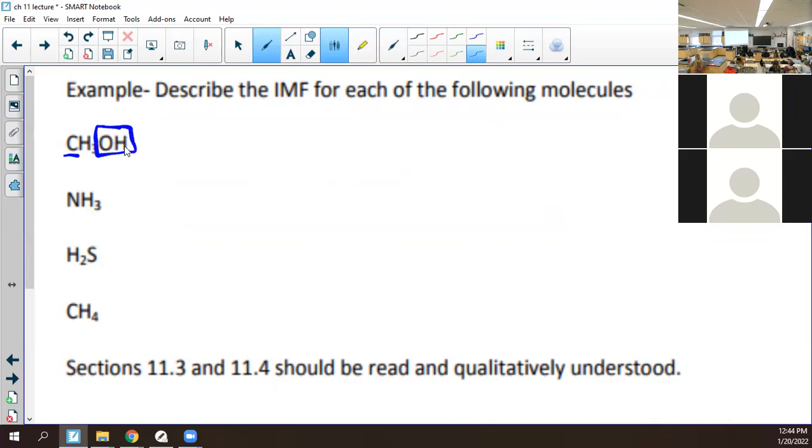If you have an OH, it makes it an alcohol. Methane is CH4. Meth really means it's a single C and then whatever comes later. So methanol is your one C and then your functional group, which is OH, an alcohol.